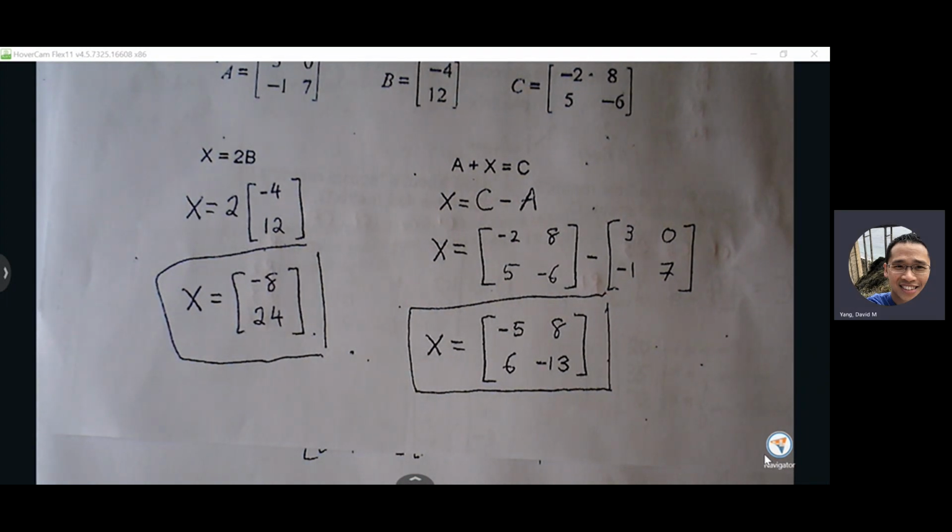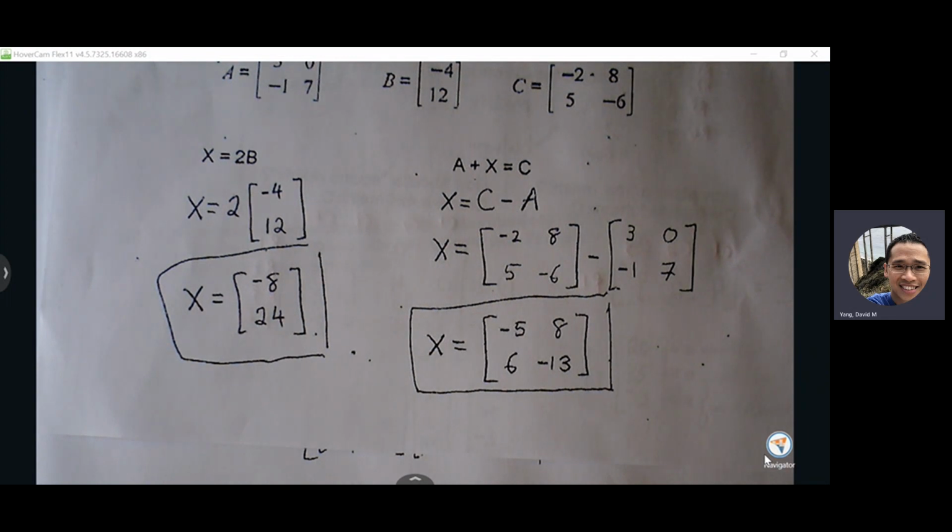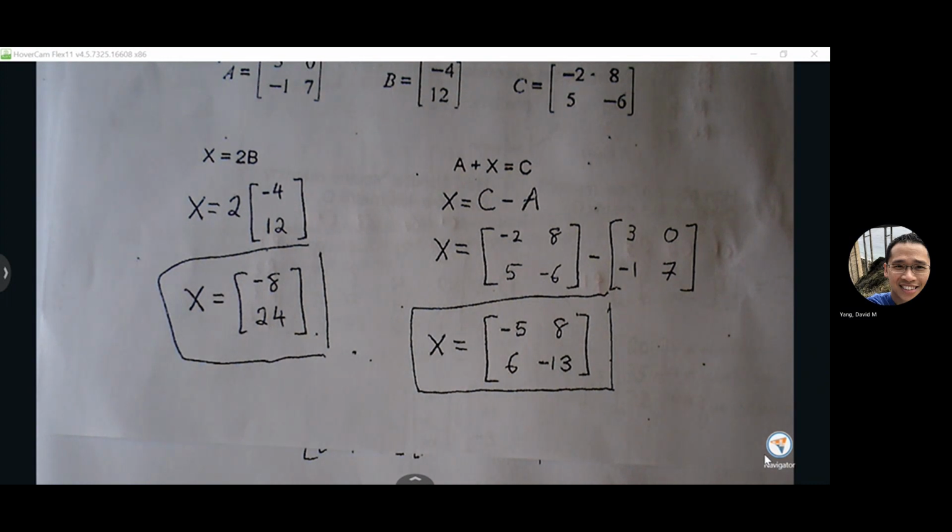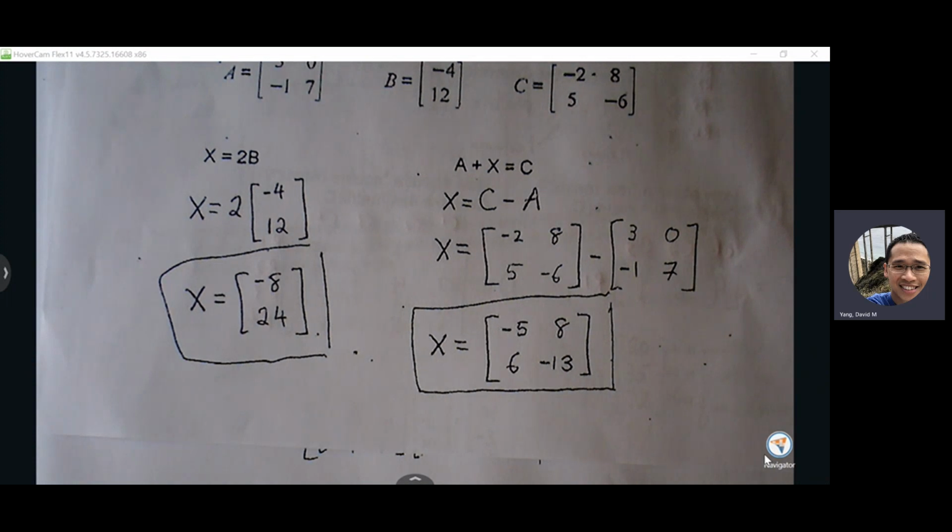Matrix C is a 2 by 2 matrix. Matrix A is a 2 by 2 matrix. I put a minus sign in between, but I want to make sure that I'm keeping track of all my negatives. So I end up with -5 and 8 in the first row of matrix X, and then second row 6 and -13.